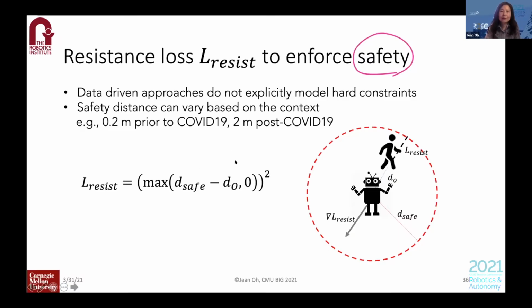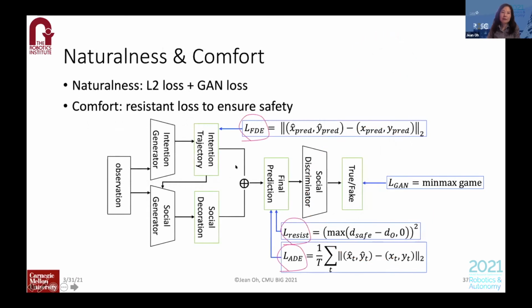And also it's culturally dependent too. All right, so the overall architecture is now combining all these different terms. Again, there's the intention to reach the goal, and then trying to be socially compliant, and at the same time trying to avoid collision. So altogether, the decision is made.